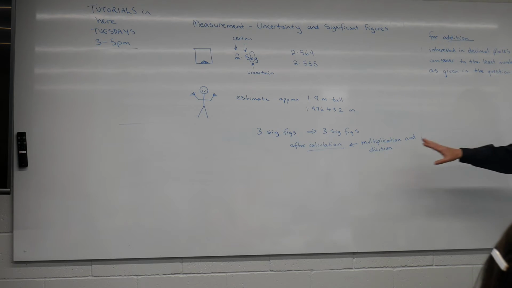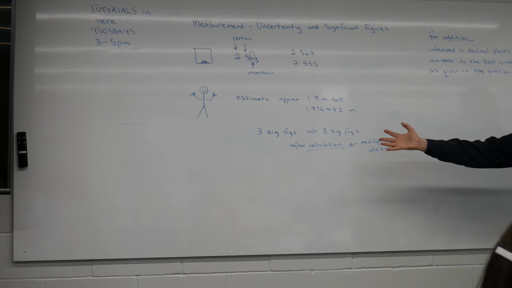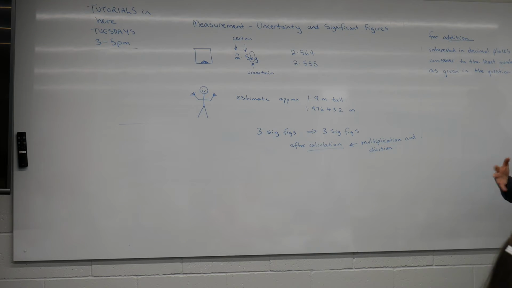So anytime we're multiplying and dividing, we're going to be matching the significant figures that were given in the question for our answer. But we don't round throughout the stages of our calculation. But if we're adding or subtracting, then we're interested in the number of decimal places.